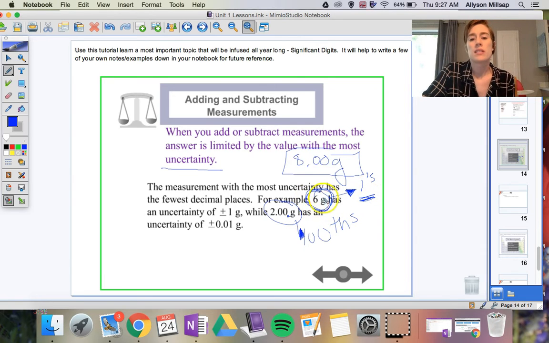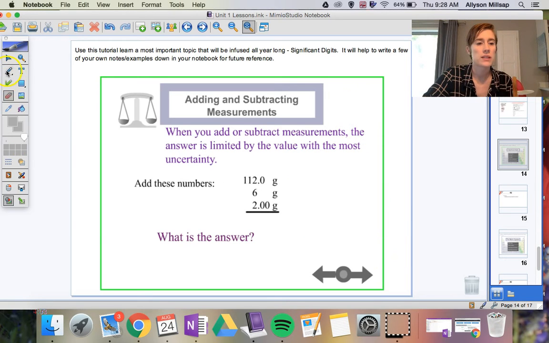So the 6 is precise to the ones, whereas the 2.00 was precise to the hundredths. So our answer can only be precise to the ones place. That means my answer can't be 8.00. I have to round it so that I just have the 8 grams. Okay, let's practice another problem.